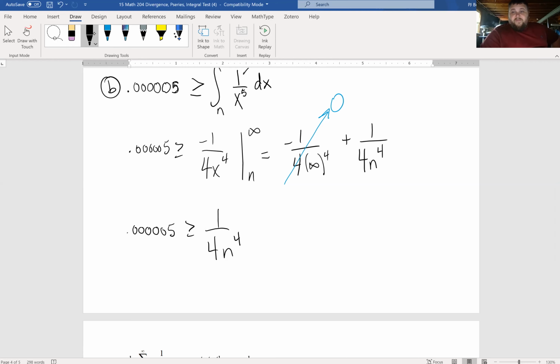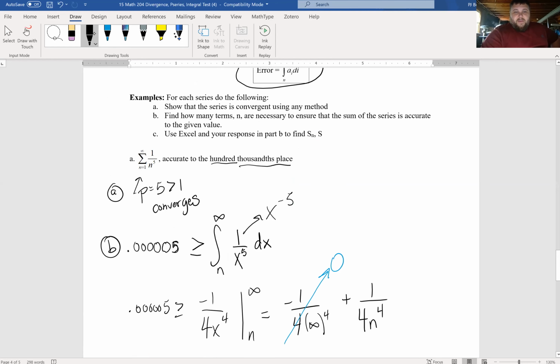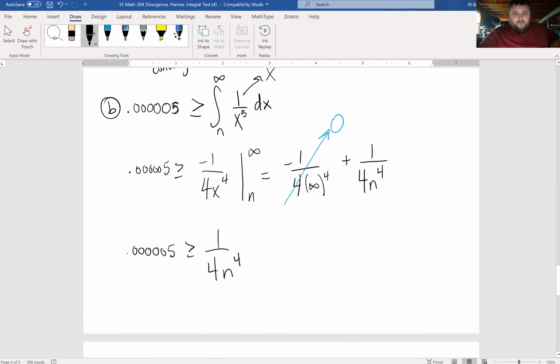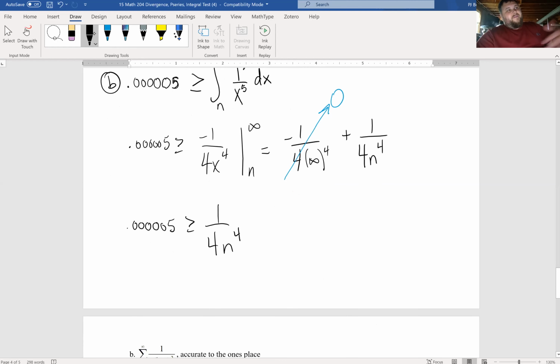Now the whole point was to find n, right? It says, find how many terms n are necessary to ensure that the sum is accurate to the given value. So we're trying to find out how many terms do I have to take out of this sum so that I can get to that accuracy. So I'm going to multiply by 4 over there.